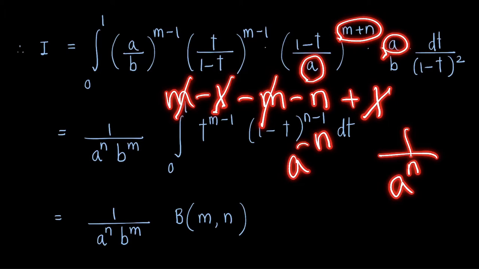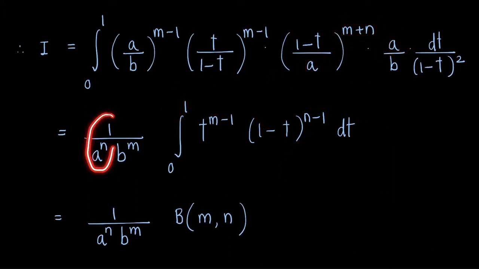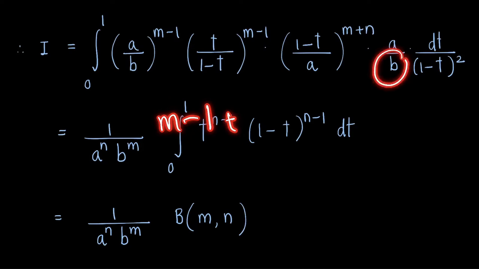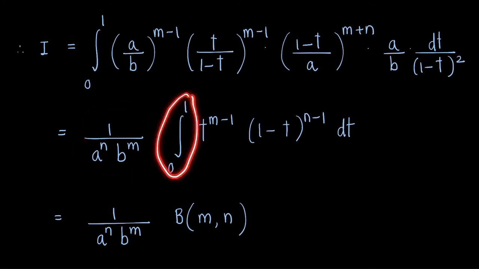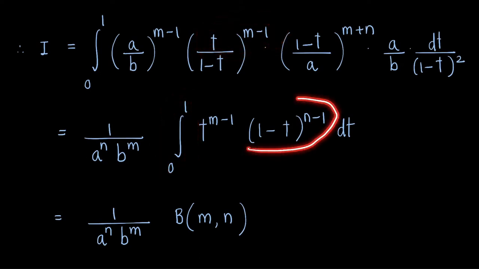Since a is a constant, we can take it out. So here we get 1 upon a raised to n. Similarly, in the denominator, the power of b is m minus 1. And here the power of b is 1. Therefore, the power of b in the denominator will be m. So therefore, we have 1 upon a raised to n b raised to m into integration 0 to 1 t raised to m minus 1 into 1 minus t raised to n minus 1.